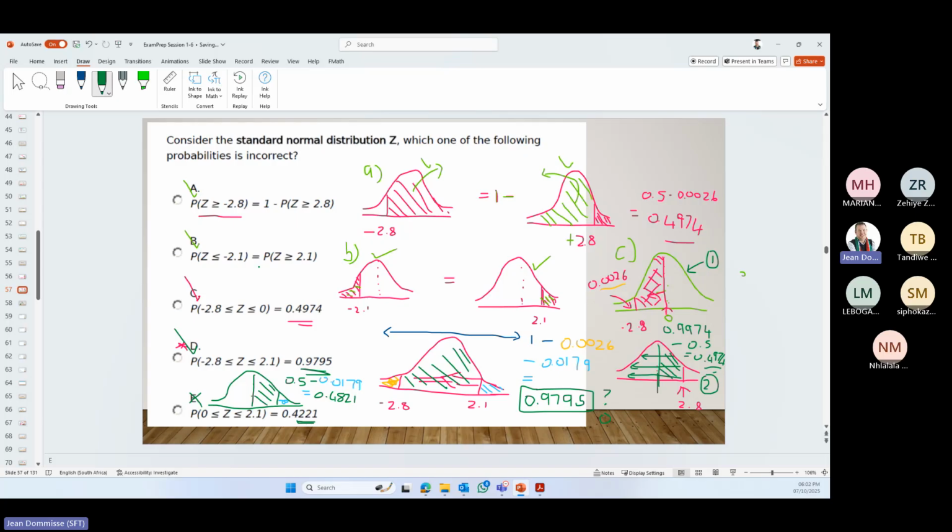But a question like this is very difficult to really see if there's something that is wrong. And that for me is always with these ones the difficult component, because it does take time to get to the answer that we're looking for. Okay, so this is one where they give you the Z's. You don't need to work out the Z, but in some instances you need to use the Z table.